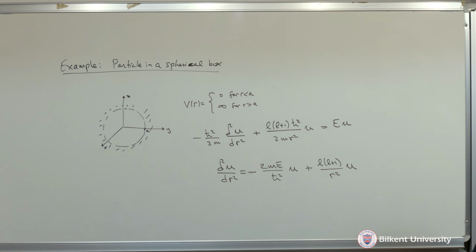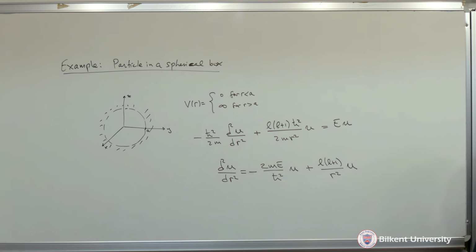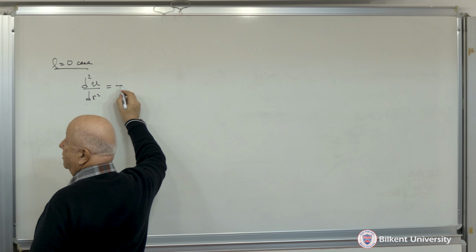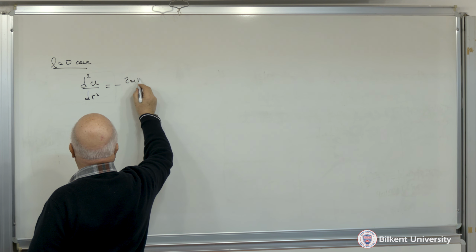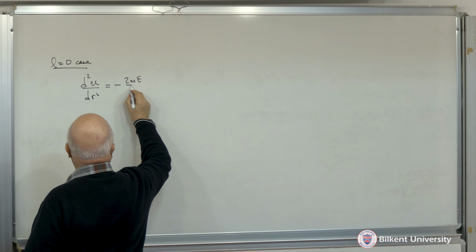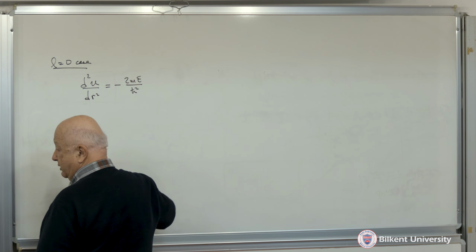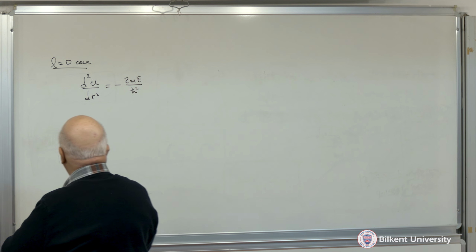So let's look at the L equal to 0 case first. Then it's very simple. We return to the first weeks of last semester: minus 2mE over h bar squared. In fact, let me just call it k squared.